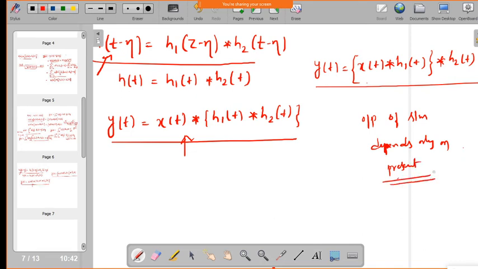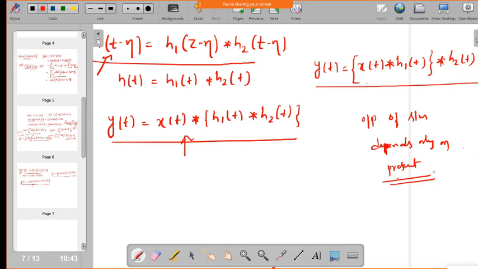If it depends on past or future values, then we call it a system having memory. And if it depends only on the present value, then the system is said to be a memoryless system, is it not? That is what we discussed about the system.